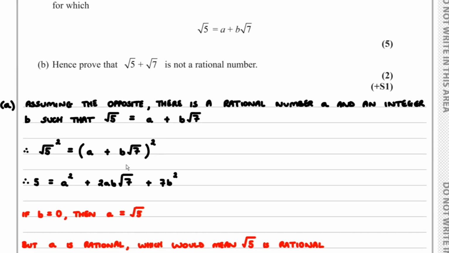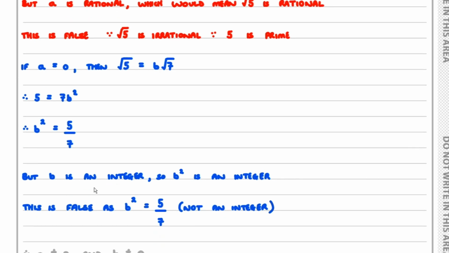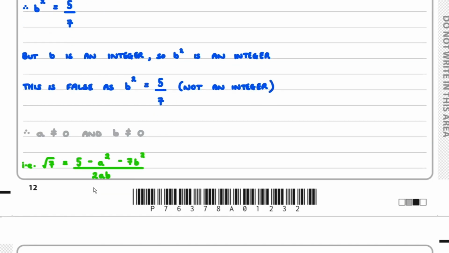And if that's the case, then what we can do is rearrange this equation. If we rearrange this equation, we can say that root 7 is equal to (5 subtract a squared subtract 7b squared) over 2ab. Because a and b do not equal 0, we will not be dividing by 0.